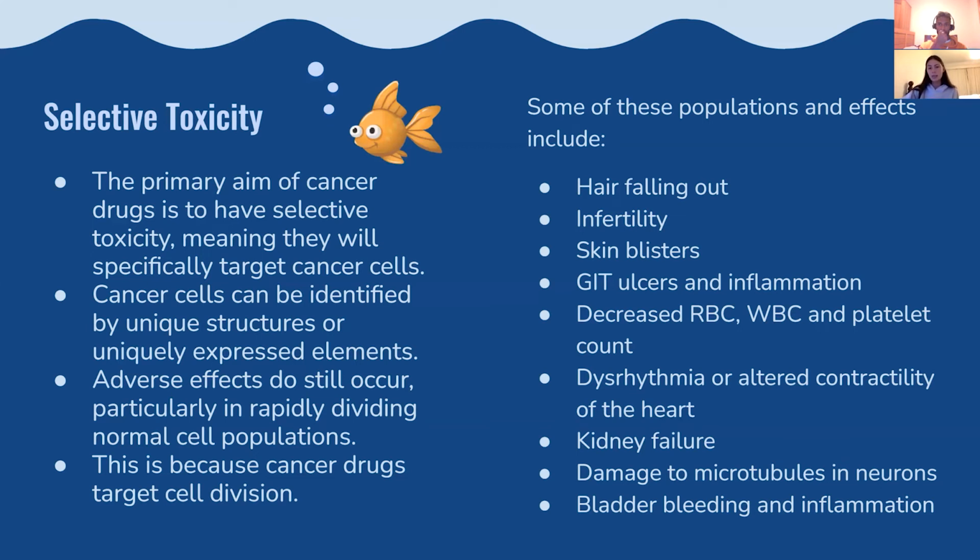It can lead to infertility in your sex cells, skin blisters, because skin cells are also rapidly dividing, GIT ulcers and inflammation, a decreased red blood cell, white blood cell, and platelet count, dysrhythmia or altered contractility of the heart, kidney failure, damage to microtubules in the neurons, or bladder bleeding and inflammation.